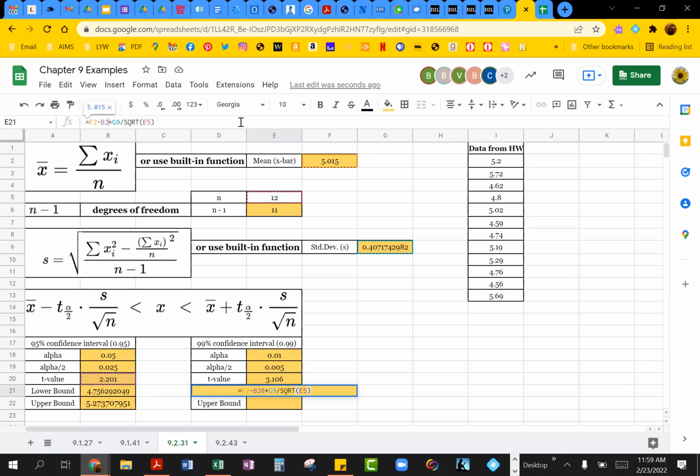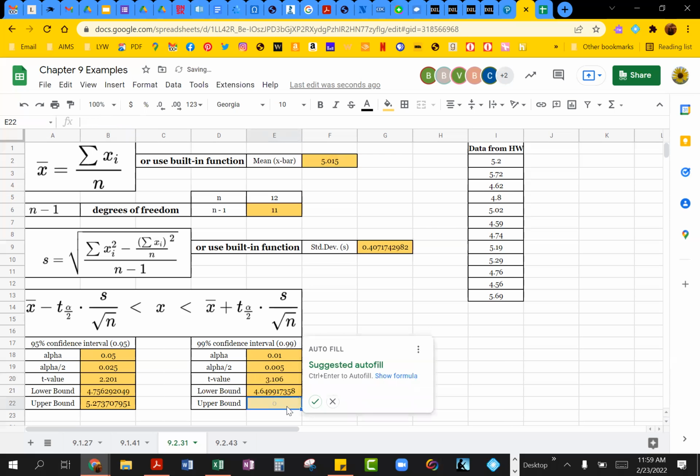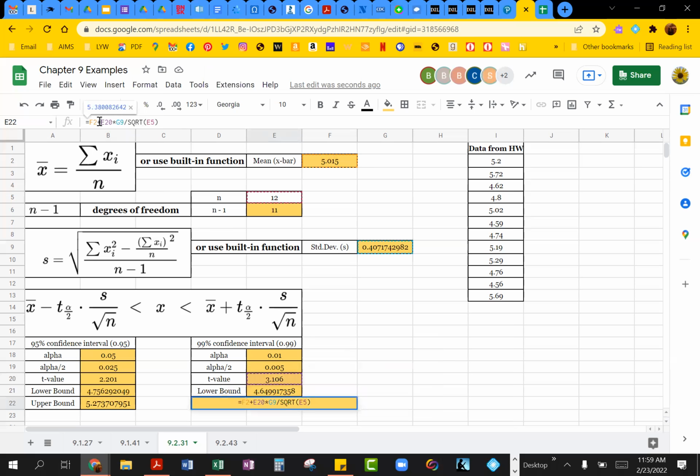So I'm going to change that cell of B20 to E20, where we have the new t-value. And then of course, our mean, the F2 cell, also does not change. So just change the box for the t-value. For the upper bound, I've already copied my formula over, so I'm going to change that minus sign to a plus sign. And we have our upper bound and lower bound for the new confidence interval.